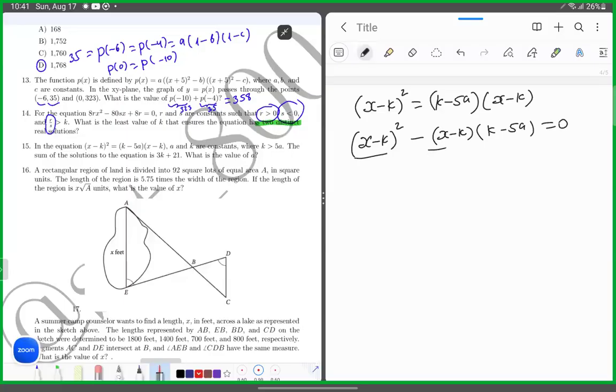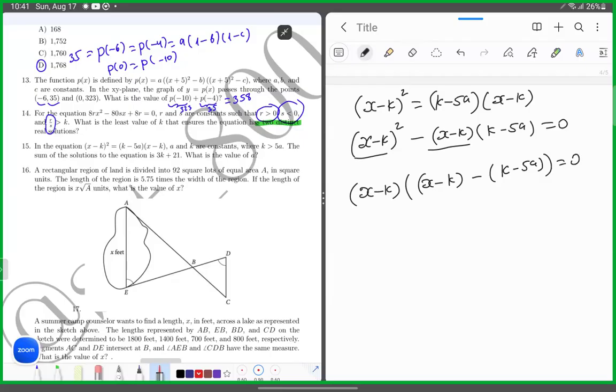Now x minus k factors out. You will get x minus k, and then here will be minus k minus 5a, like two brackets.